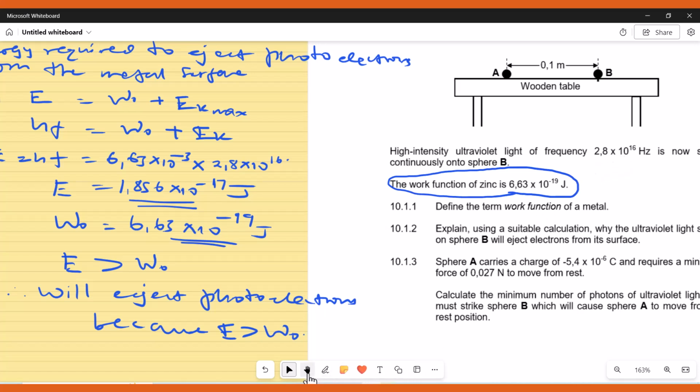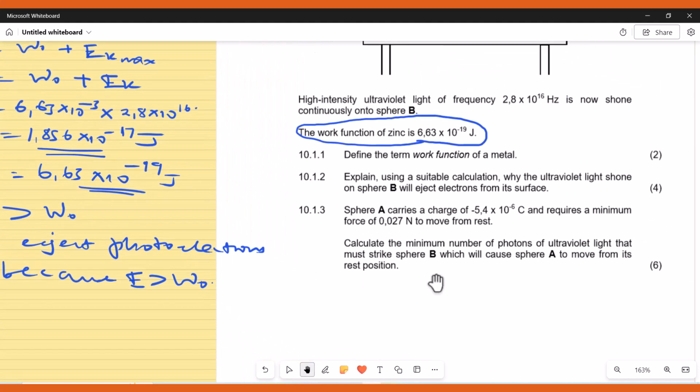Okay. Next question here. Let's check what they want here. They say that sphere A carries a charge of negative 5,4 exponent negative 6 coulombs and requires a minimum force of 0,027 newtons to move from rest.